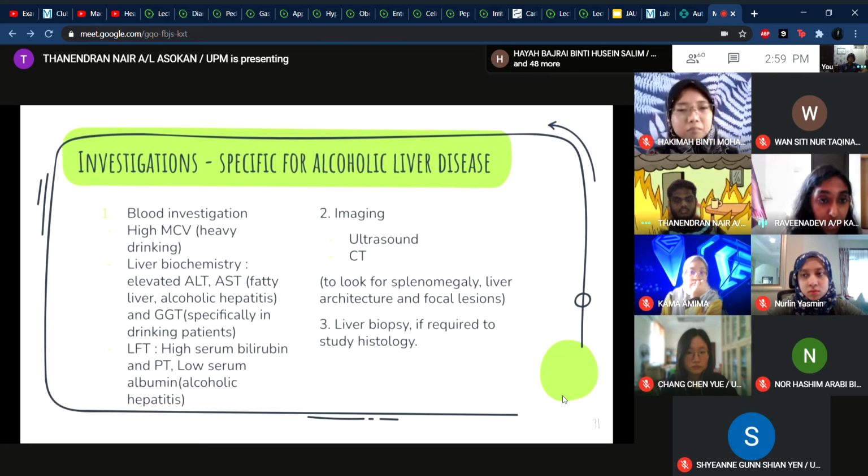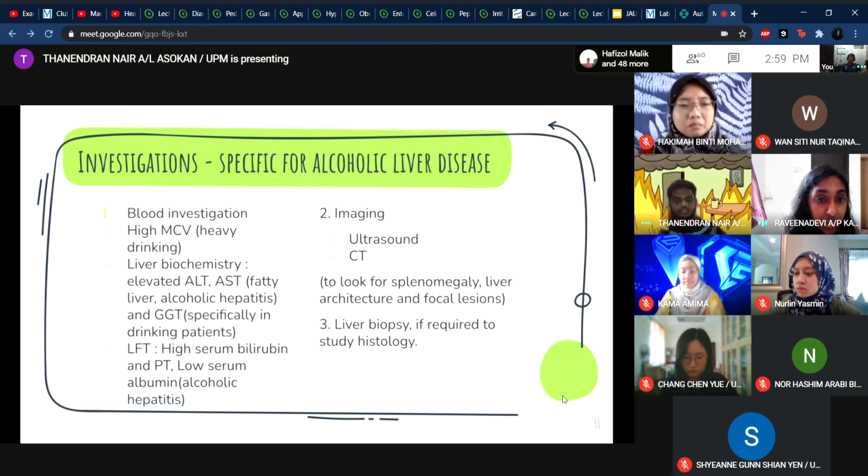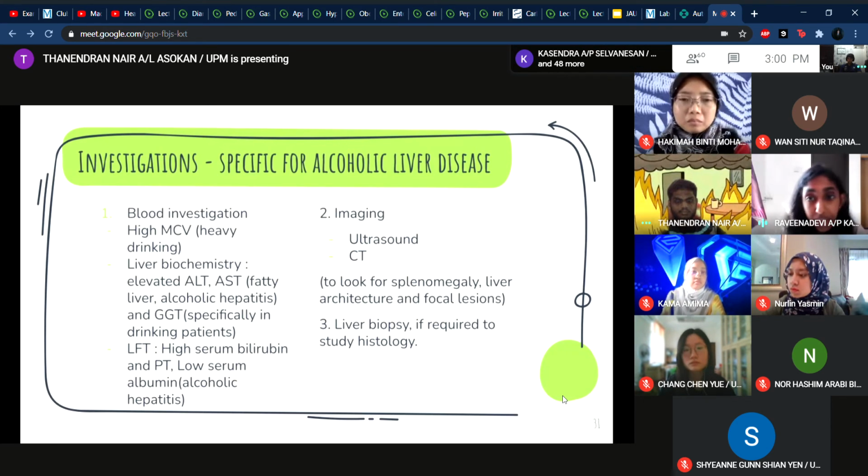As for liver biochemistry, this patient's ALT and AST are elevated. ALT and AST will usually be elevated in fatty liver and alcoholic hepatitis. And if GGT is elevated, then it confirms that this patient is drinking heavily. And as for liver function test, this patient has high serum bilirubin and prothrombin time, and low serum albumin, especially in patients with alcoholic hepatitis.